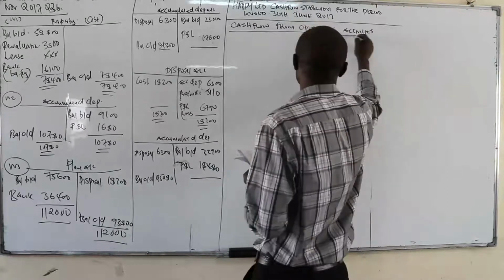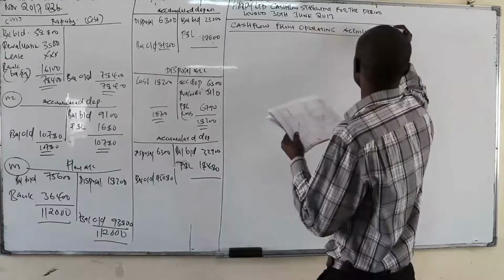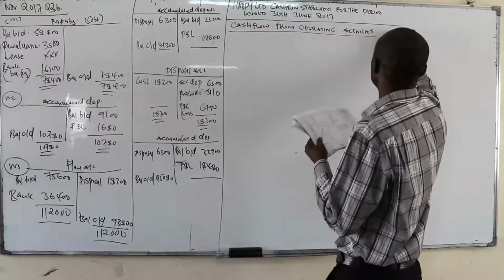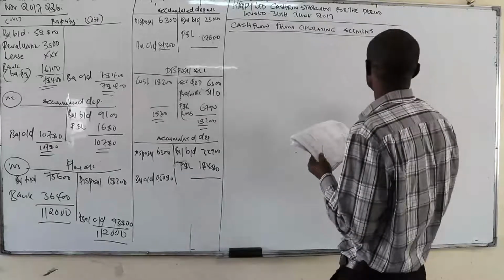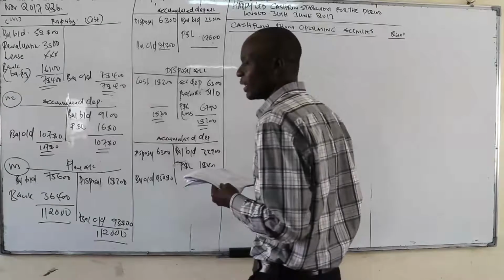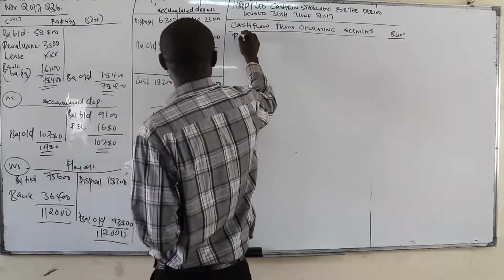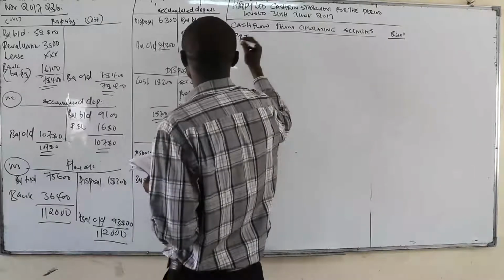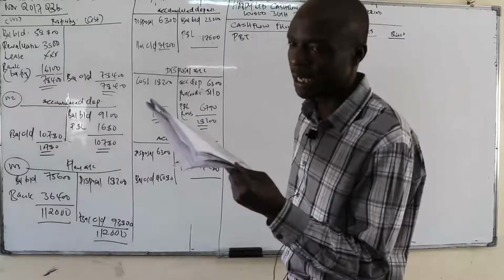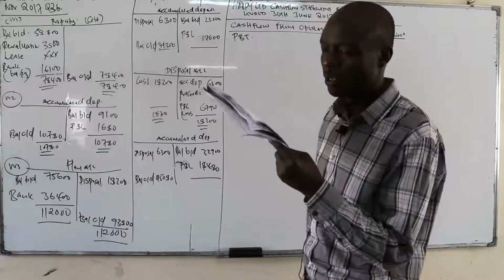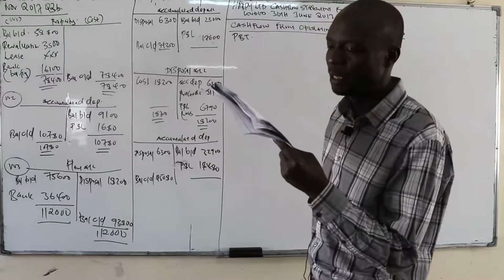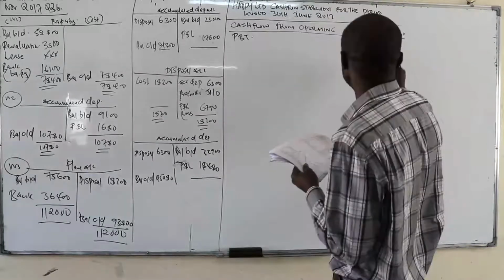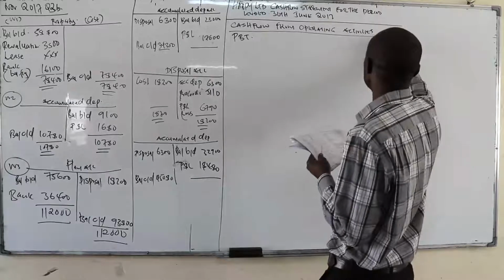So you write here shillings in thousands. So you start with profit before tax. You pick your profit before tax now from the current income statement. Profit before tax is how much? 25,032. Can you be able to see it? 25,032.